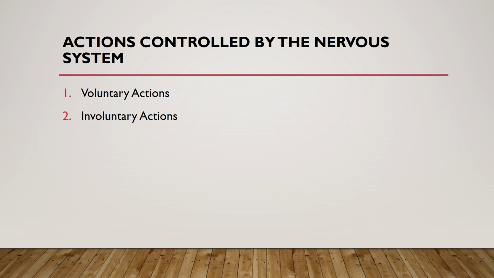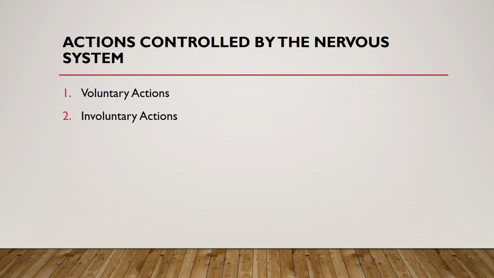Next, we will discuss actions controlled by the nervous system: voluntary action and involuntary action. Voluntary action means the body actions which are performed under the conscious control. That is, which are done after thinking over them are called voluntary action. Example, speaking, eating, reading, walking, running, clapping are voluntary actions.